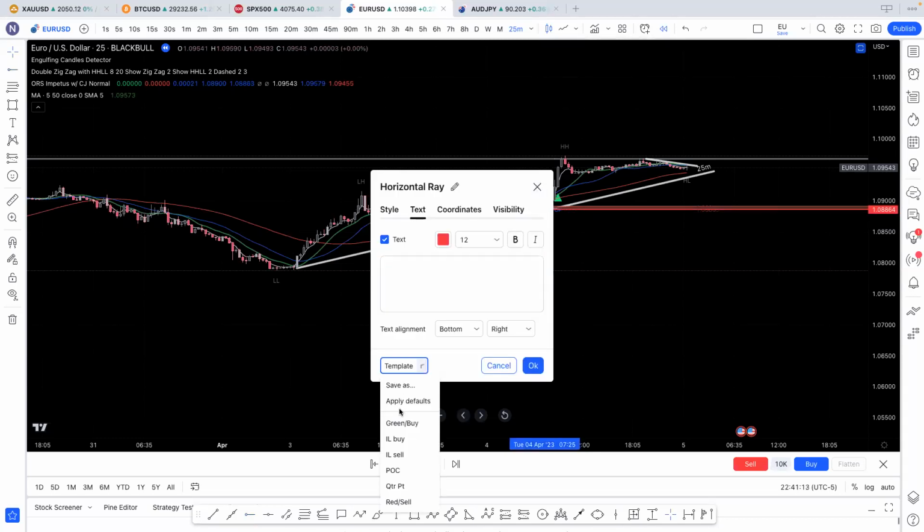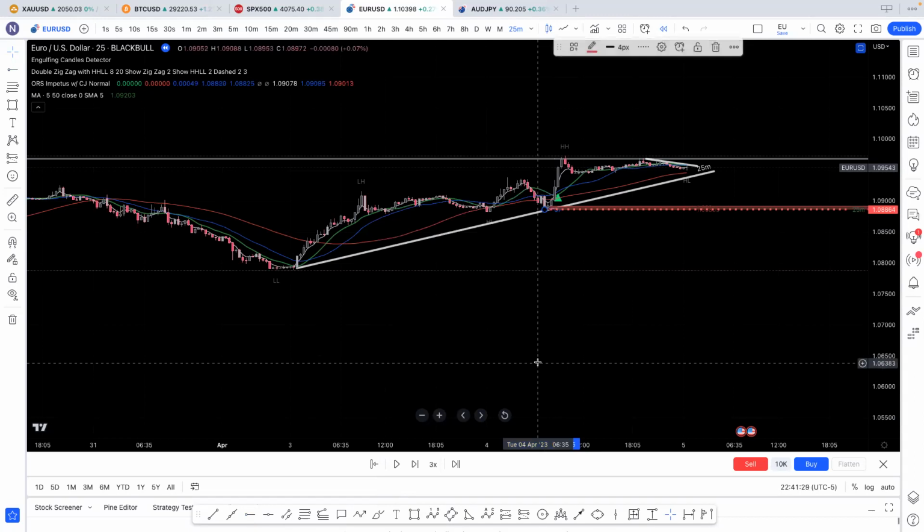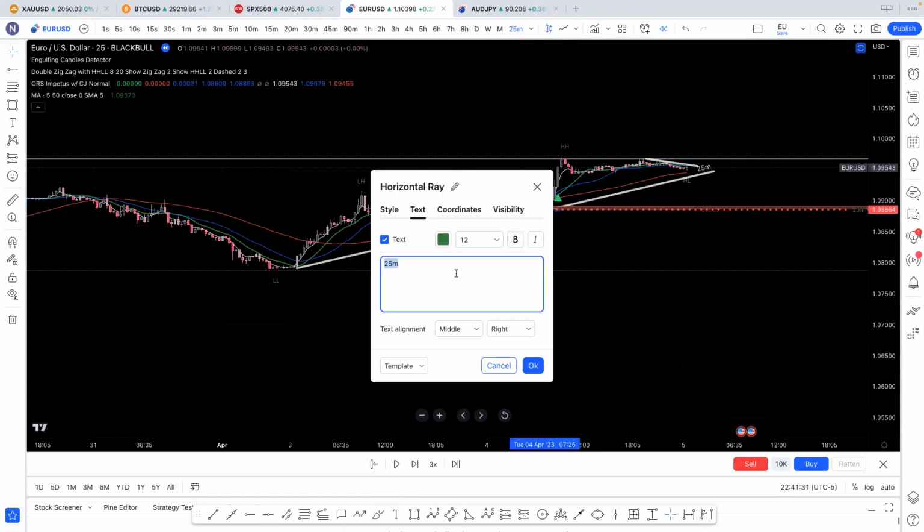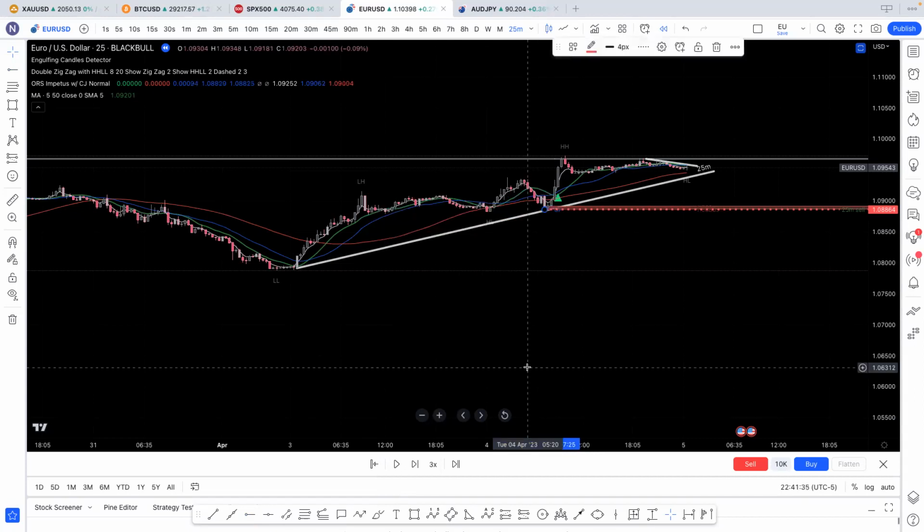I need to change this to, oh, no, I'm not. I'm confusing myself. It's supposed to be for the sell, so it's supposed to be red. This is going to be 25-minute because it's going to match my triangle. 25-minute sell to be exact.